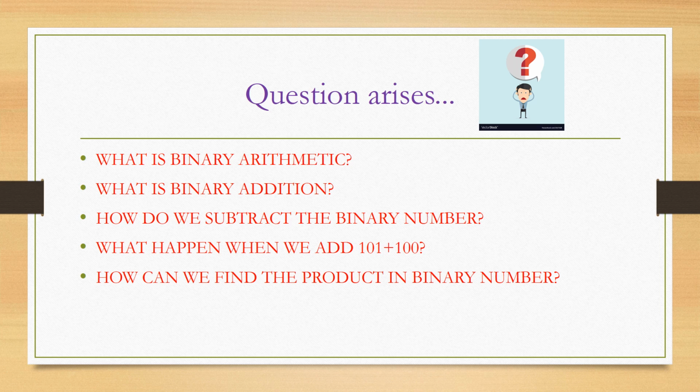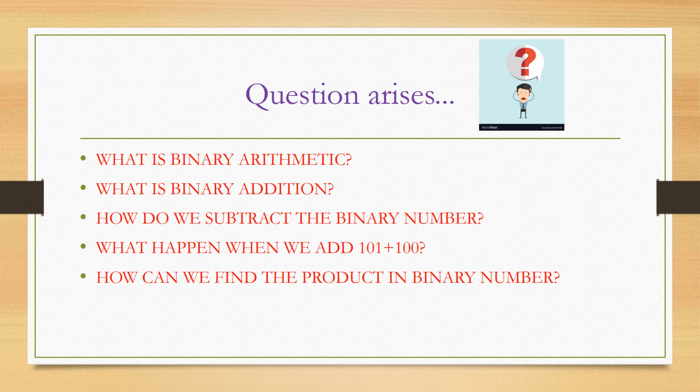When we are talking about binary arithmetic, many questions arise in our mind. What is binary arithmetic? What is binary addition? How do we subtract binary numbers? What happens when we add two different binary numbers such as 101 and 100? And how can we find the product in binary numbers?